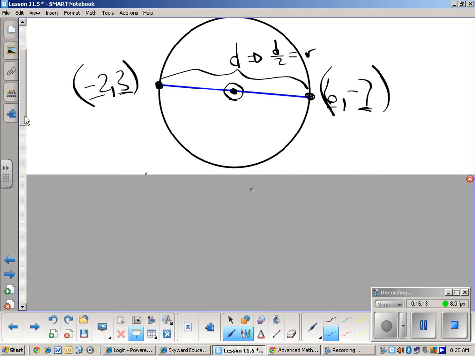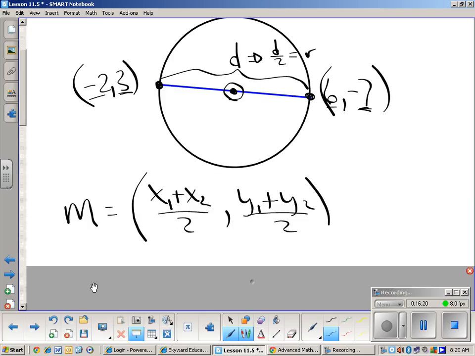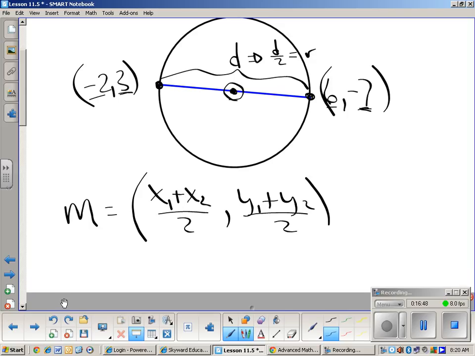Well, lucky for you, I have the midpoint formula right here. It says add up the x's and divide by 2, add up the y's and divide by 2. In other words, find the average of the x's and the average of the y's. And we actually already did that with the x's, didn't we? We said this was -2.